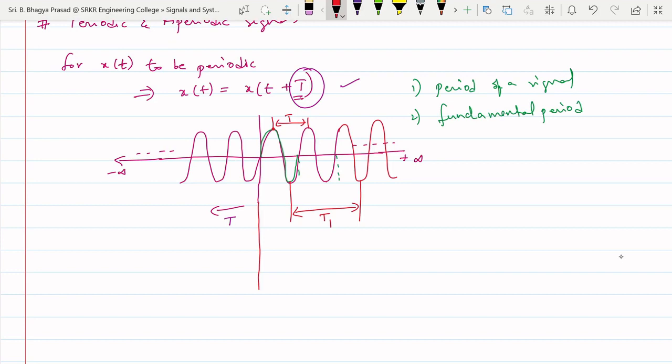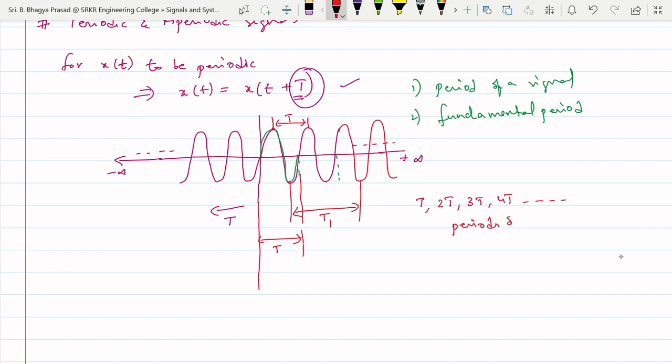If you take another T1 and the shape is the same, that's also a period. T is the period of the signal, T1 is also a period of the signal. Like that, T, 2T, 3T, 4T, all these are periods of the signal.